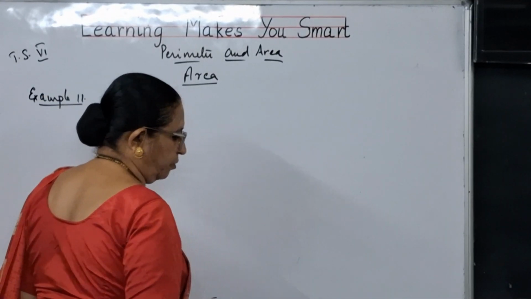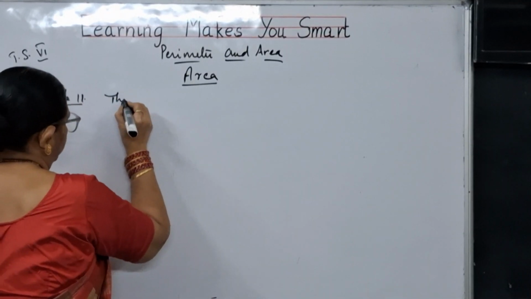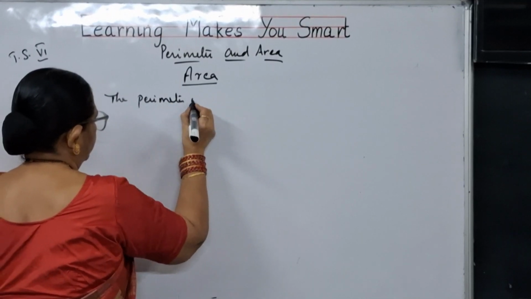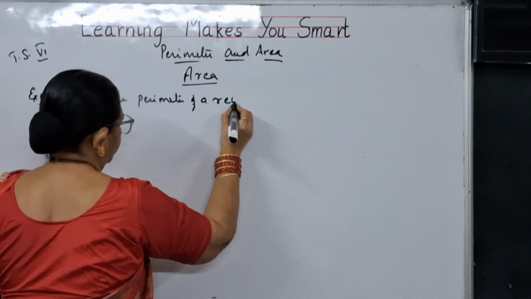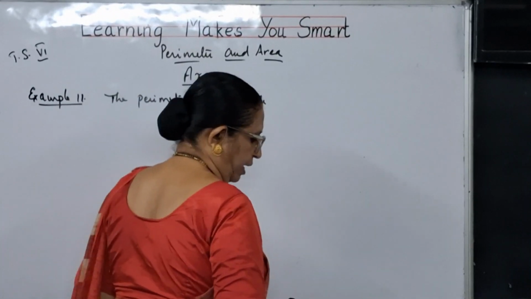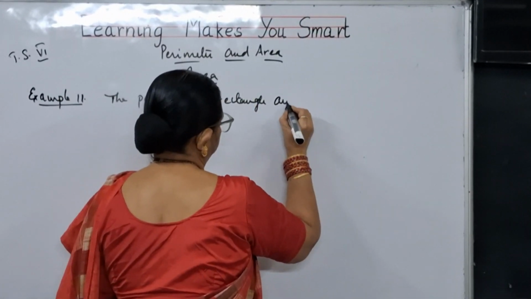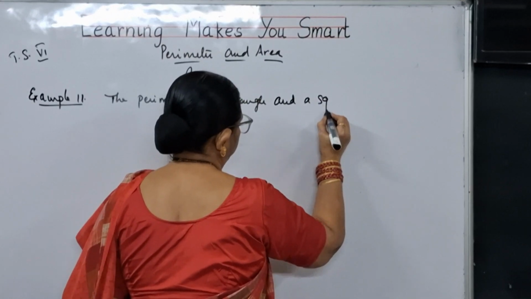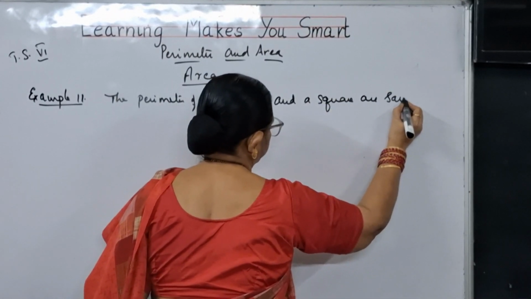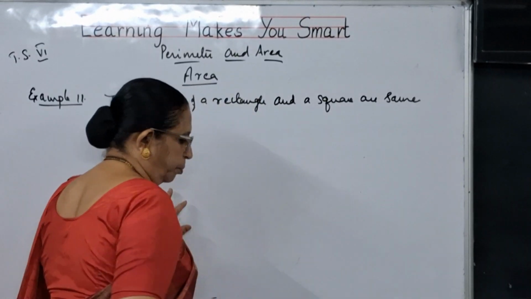The perimeters of a rectangle and a square are same. See, they are talking now about perimeter.